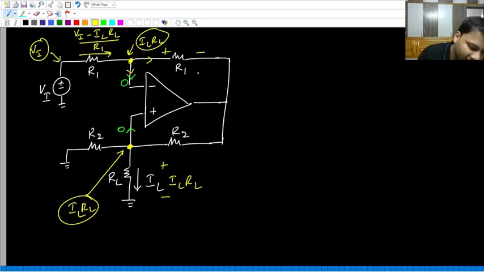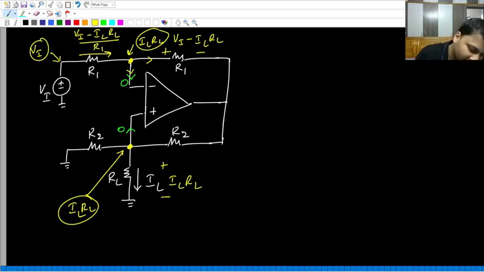The voltage drop across this R1 is this current multiplied with R1, so Vi minus IL RL divided by R1 into R1. R1 cancels out, and the voltage drop across this R1 is Vi minus IL RL.